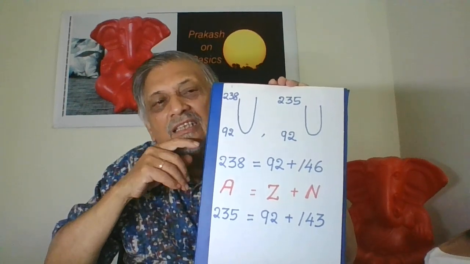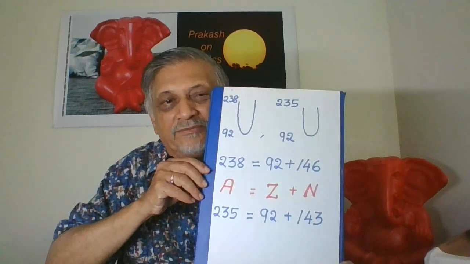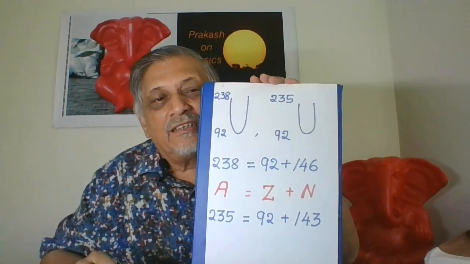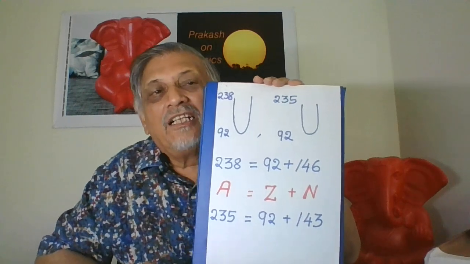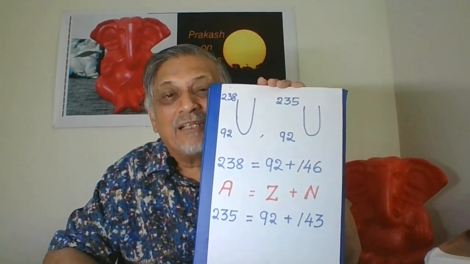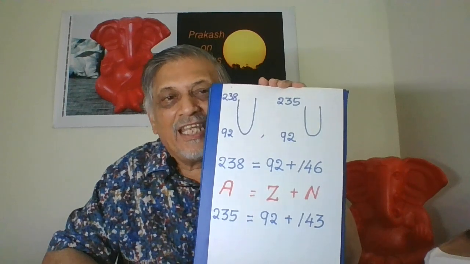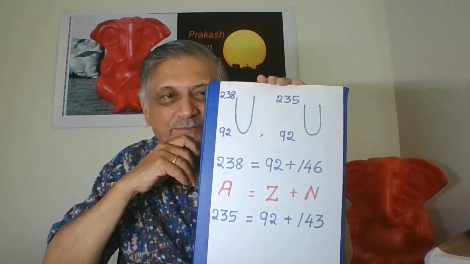That 92 below is Z, the atomic number, and A that is there is the 238 value, which is atomic mass number. N obviously is the number of neutrons that are present.